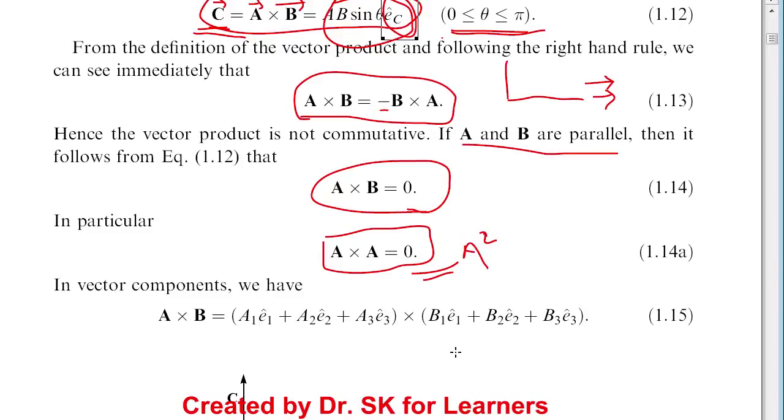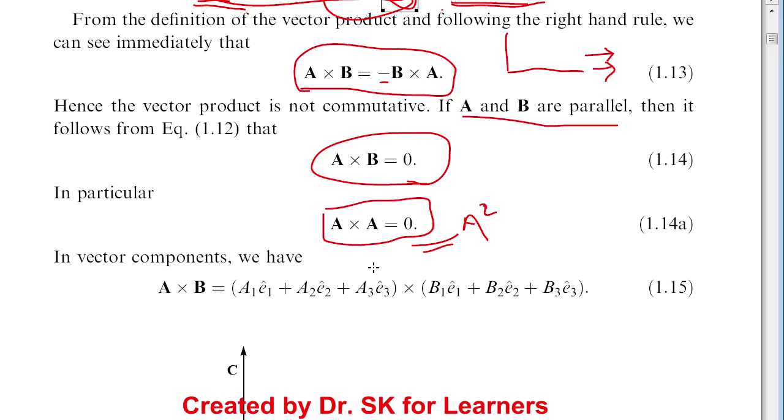There are certain rules though that you need to remember, and you remember we represent a vector like this. In scalar product also we had discussed this. If a vector is represented as a1 i cap, this is i cap, this is j cap, this is k cap, i cap, j cap, k cap.